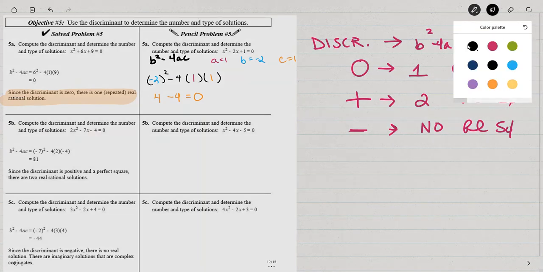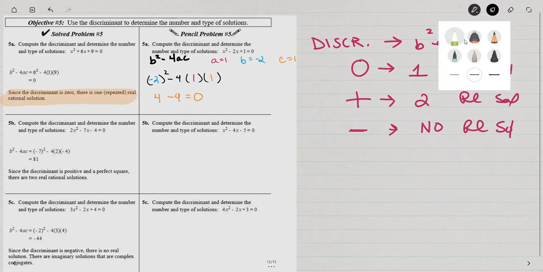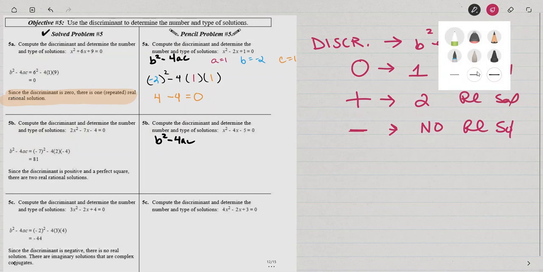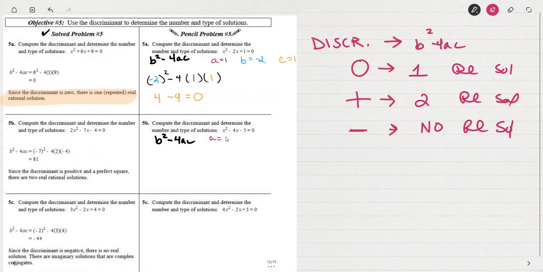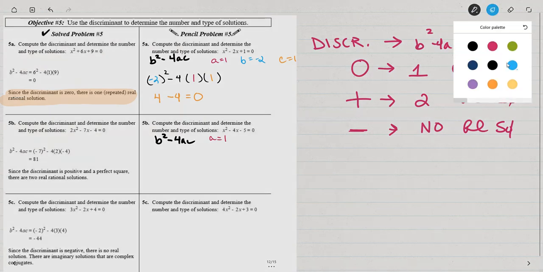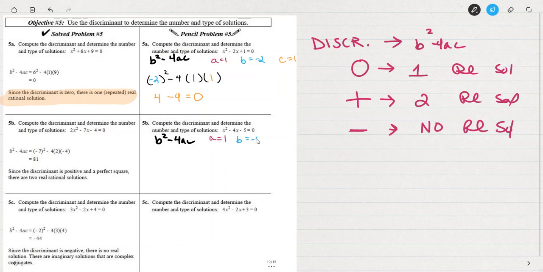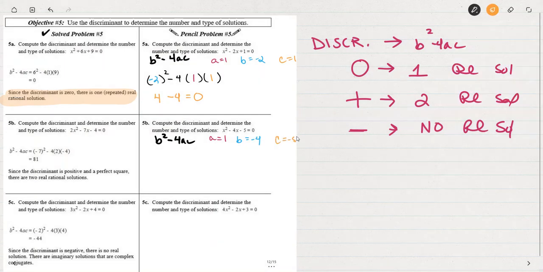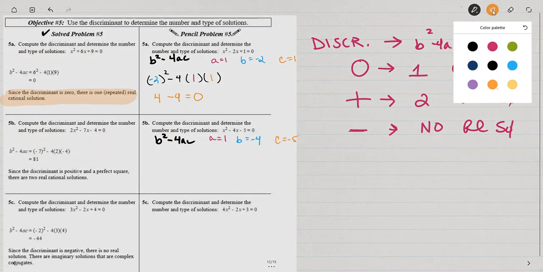Let's try it again. If we do the next example here, I'll write the formula, b squared minus 4ac, and I'm going to call out what a, b, and c are equivalent to from this example, and then I'm going to plug them in.